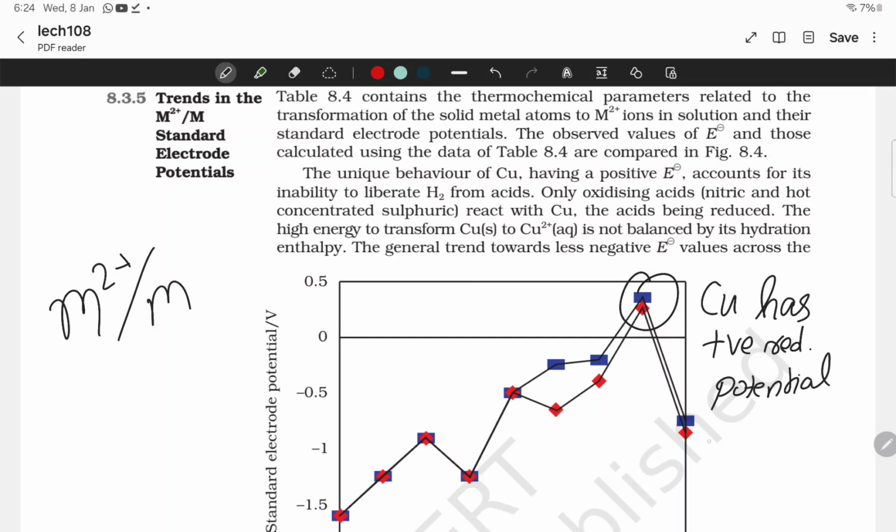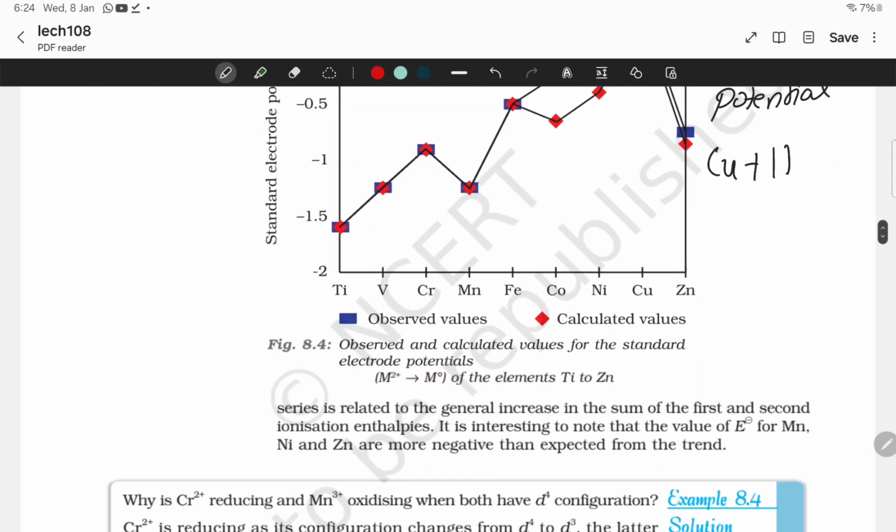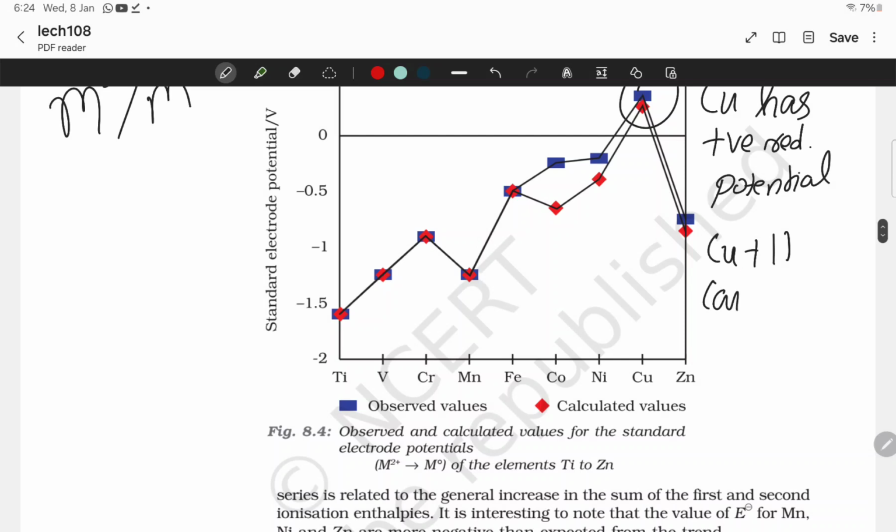That's the only reason why copper cannot be reacted by acids.